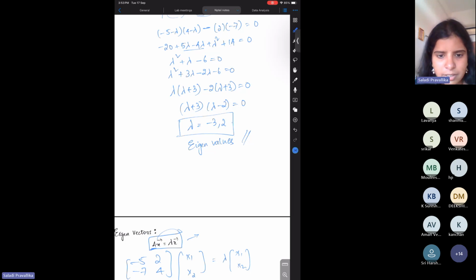Why did you take minus 2 by 7 comma 1 and not 1 comma 2 by 7? So it's just a matter of convenience. Both are actually valid. Both the vectors represent the same direction in the null space.